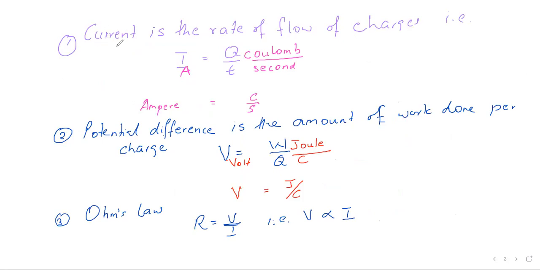The first one I said is the flow of charges. We know that charges which are flowing here are electrons. But we also have what you call a conventional current, which you expect to move from positive to negative of a battery. This is called conventional current.